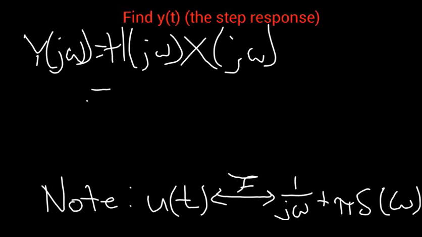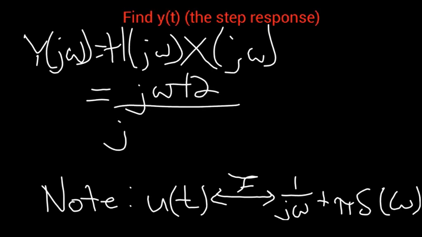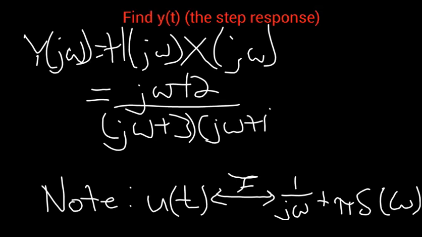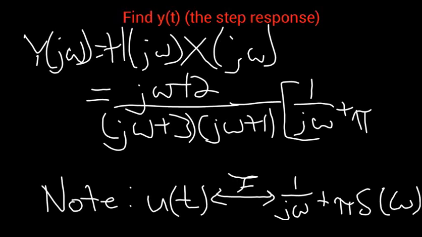Therefore, y of j omega equals j omega plus 2 over the quantity j omega plus 3 times the quantity j omega plus 1, all of that multiplied by 1 over j omega plus pi times delta of omega.